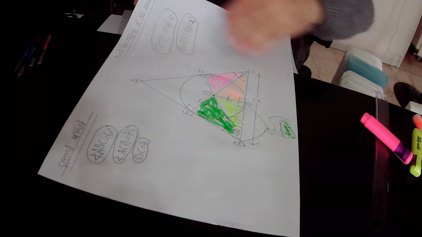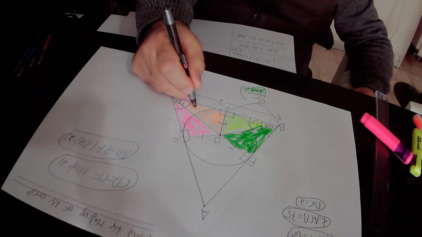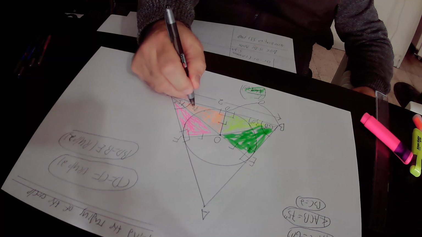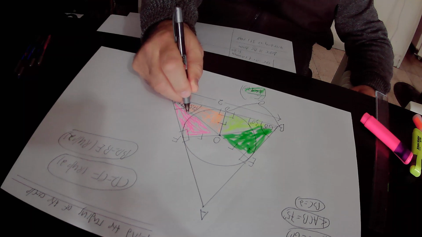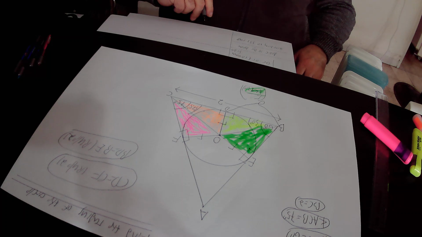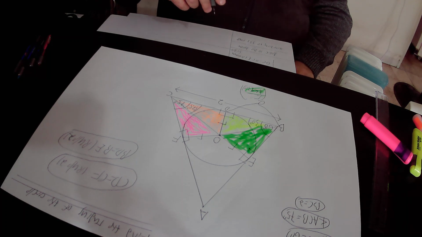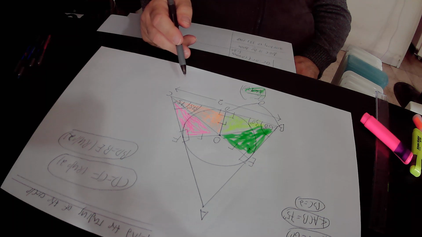In the next step, I'll copy the orange right triangle ODC in a new page and we will analyze it.